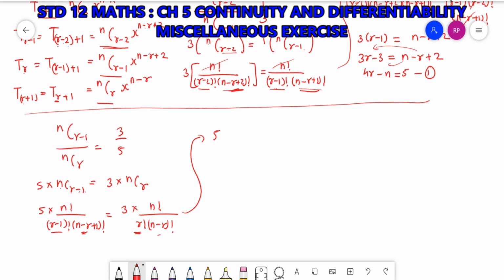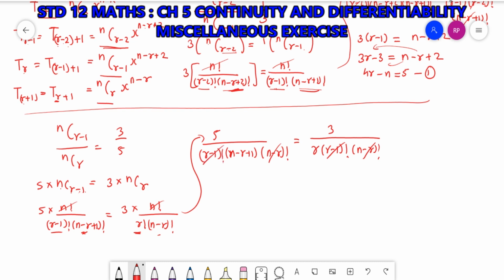So 5 and n factorial will get cancelled. So 5 upon (r-1) factorial, (n-r+1), now subtract 1 from that, (n-r+1) minus 1, cancel, factorial. This is equal to 3 upon r into (r-1) factorial, I will stop here, and (n-r) factorial will get cancelled, and (r-1) factorial will get cancelled.